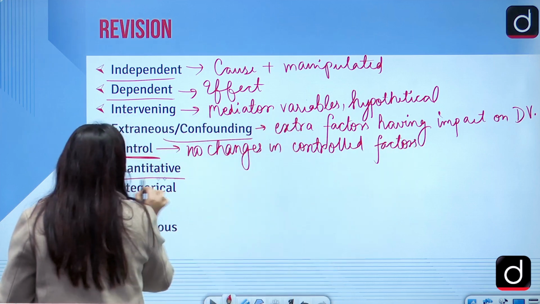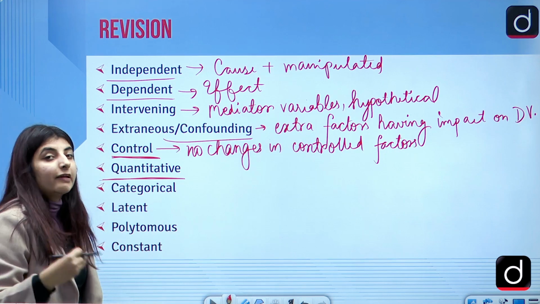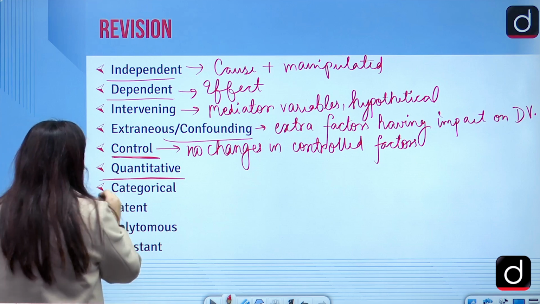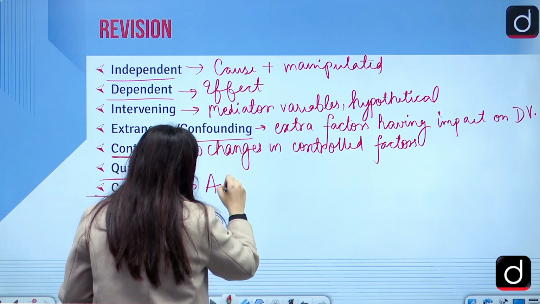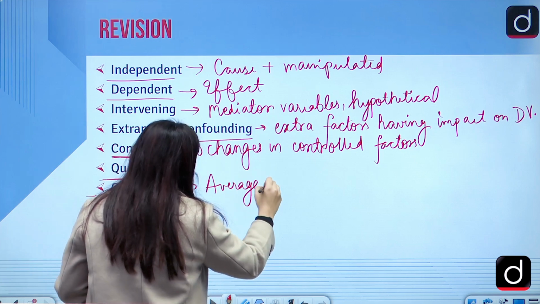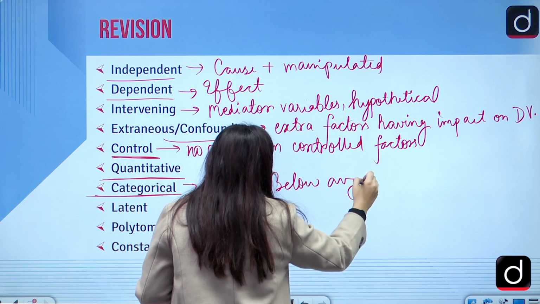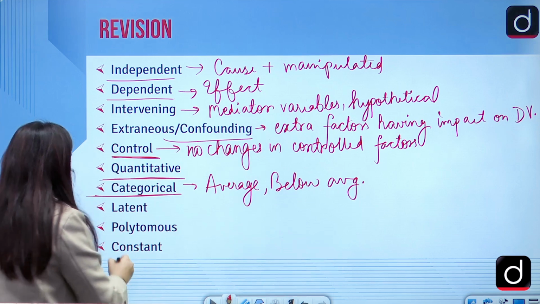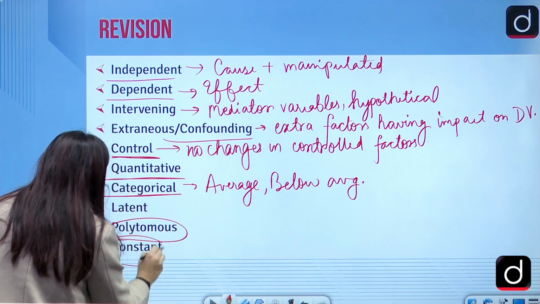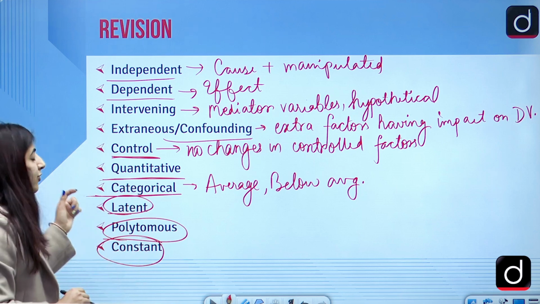Coming to the quantitative variables, these are the ones which measure certain things. Categorical variables see certain categories like average, below average, etc. Latent variables, polytomous variables and constant variables are certain minor variables, right?